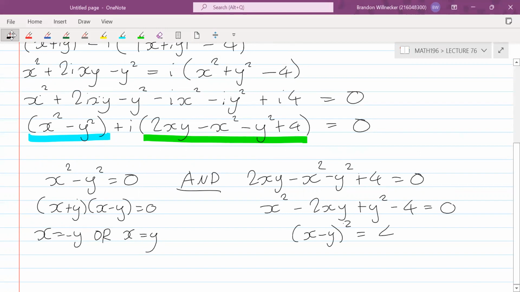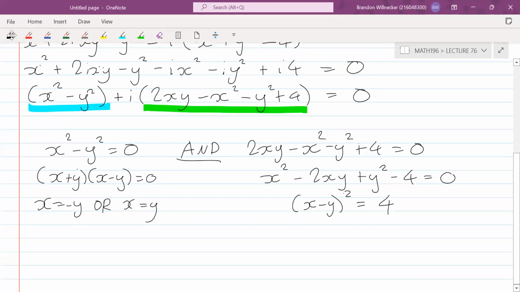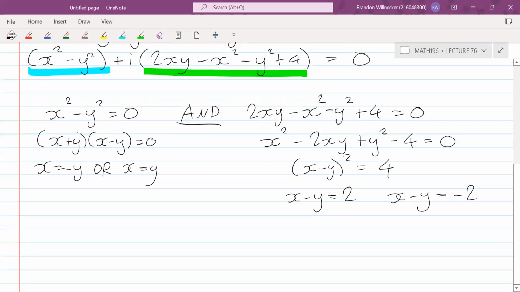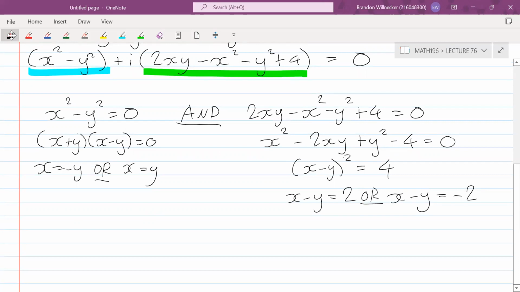That becomes a 4. So this gives us two possible solutions. We get x minus y is equal to 2, since 2 squared is 4, or we get x minus y is equal to minus 2, since minus 2 squared is also 4. So we've got these two sets of equations here.